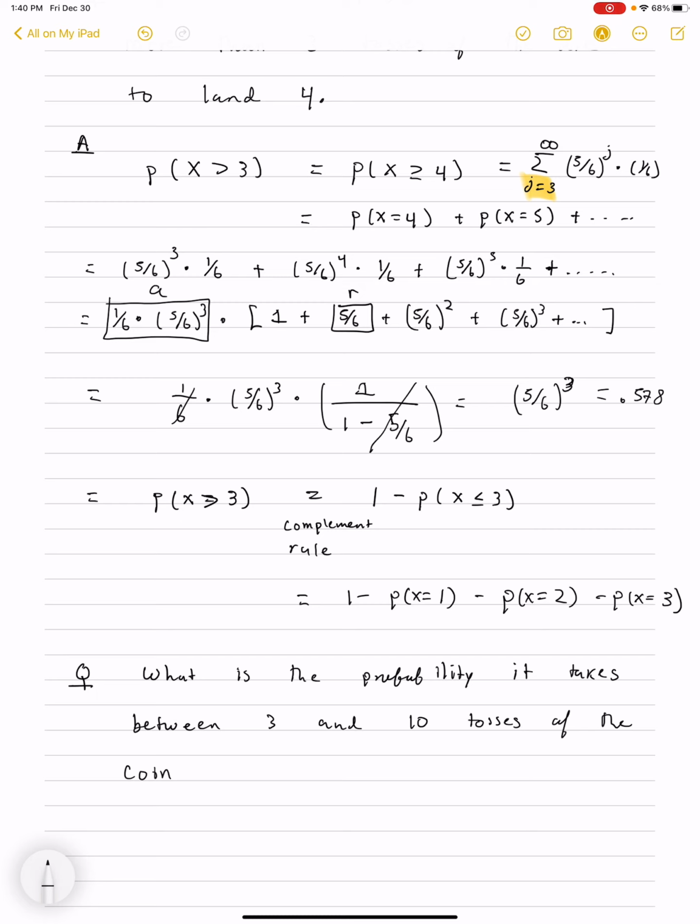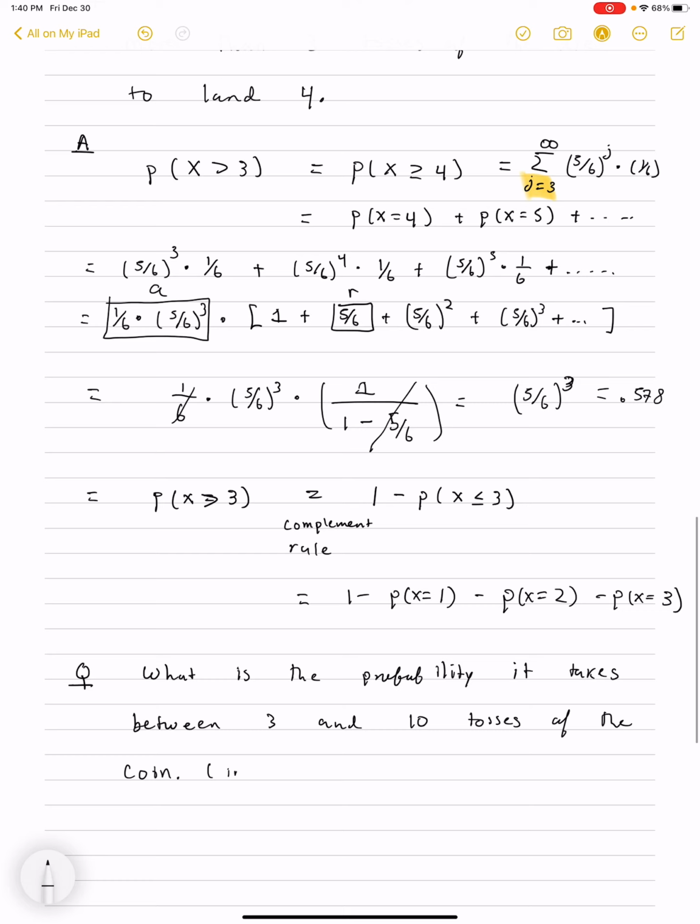And we're going to include the possibility of 3 and 10. So we'll keep that in mind because that's an important and ambiguous distinction. So I'll say including endpoints.